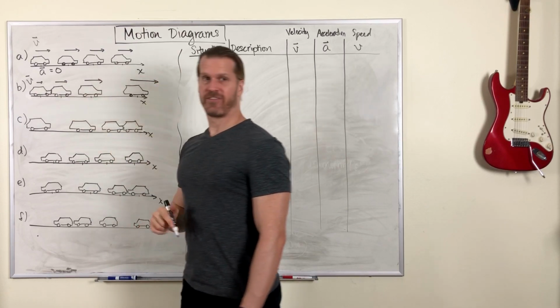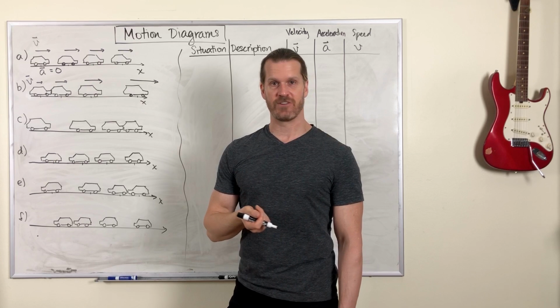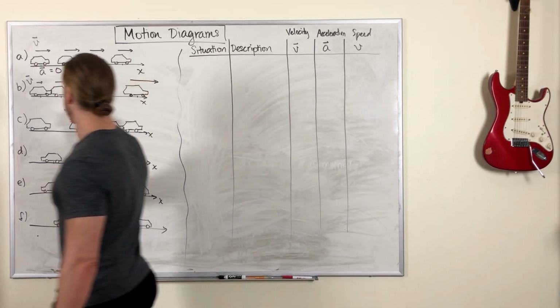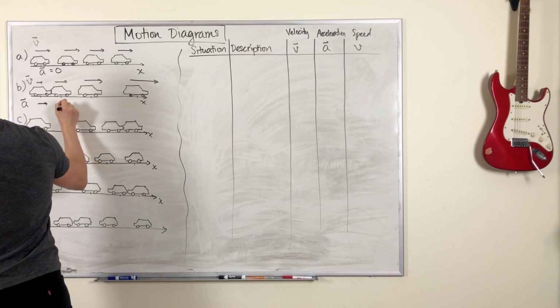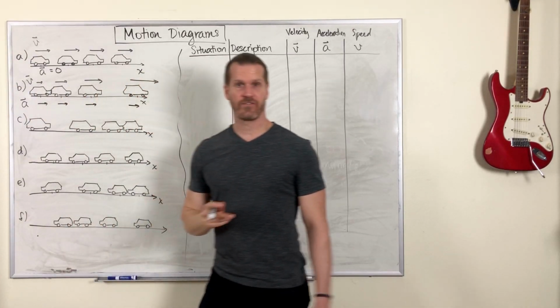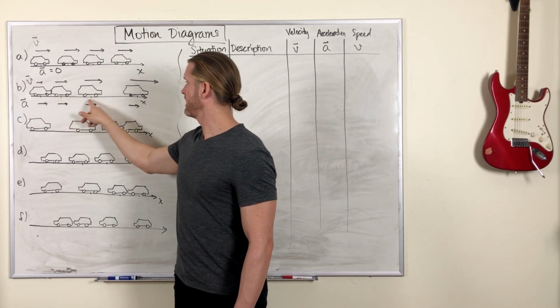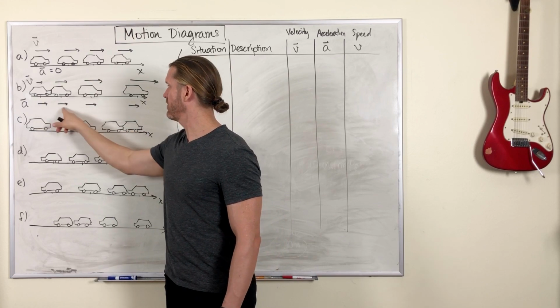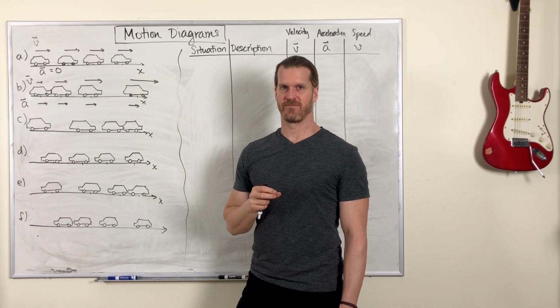Now, because the velocity is changing, that means there must be an acceleration. And that acceleration is a constant value. The acceleration of the car at each instant in time is the same length, and it's pointing to the right.